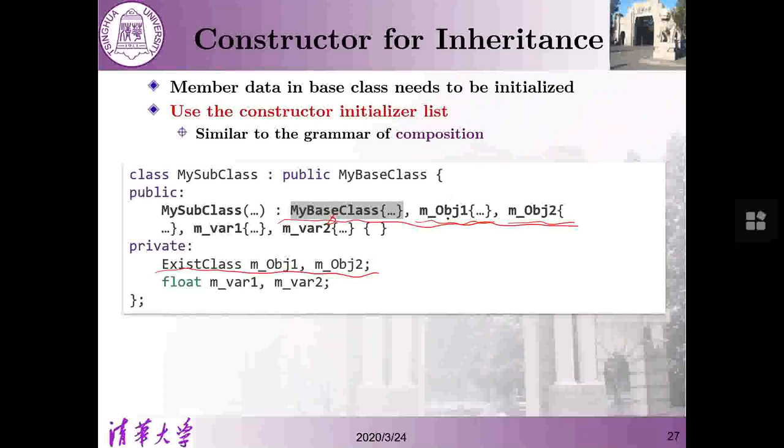So for both composition and inheritance, the constructors are called in the constructor initializer list, or member initializer list. Okay, then this is simple grammar.